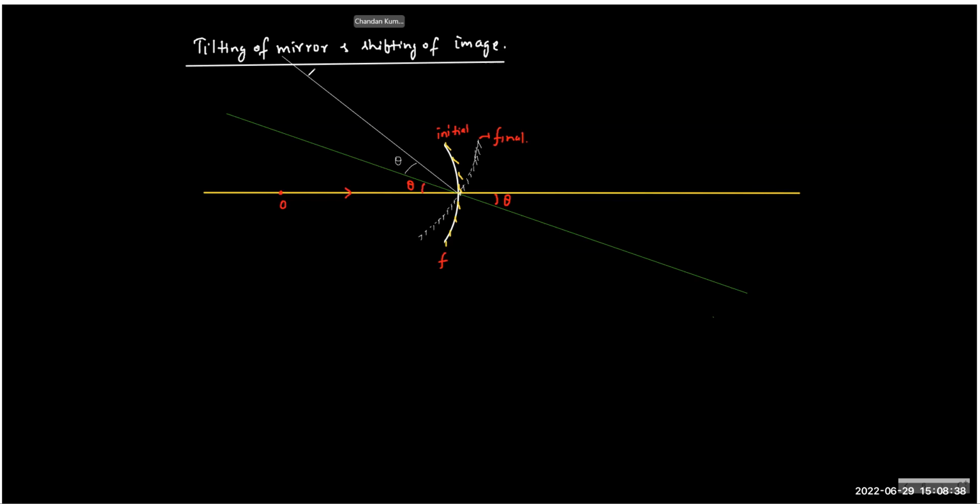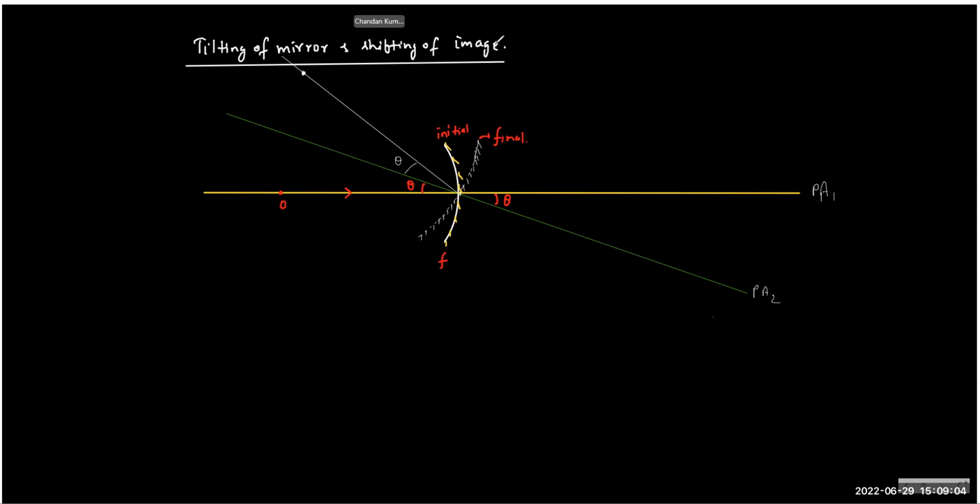So the image will be formed somewhere here. Somewhere means I don't know where. And how to find the image? Once you know the image on the actual axis, there are some steps you need to follow. This is PA1, and this is PA2.